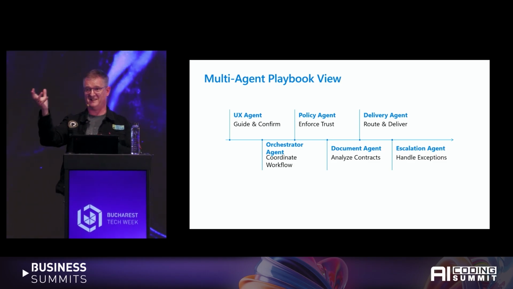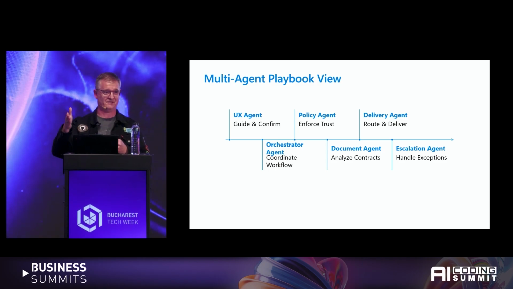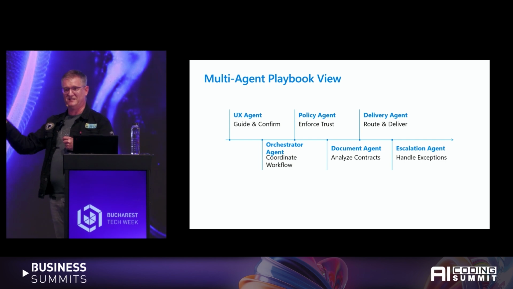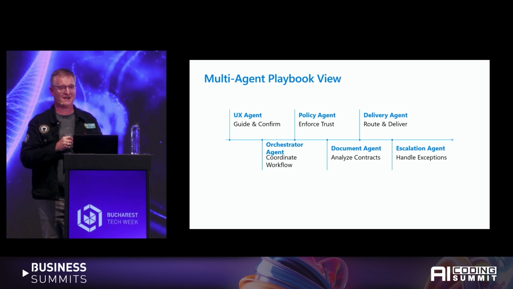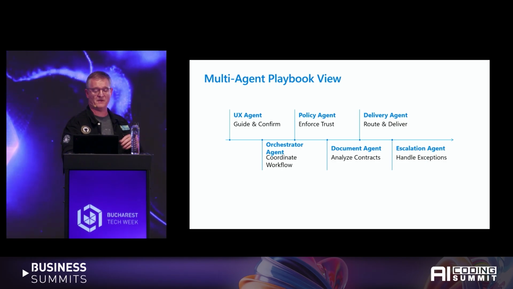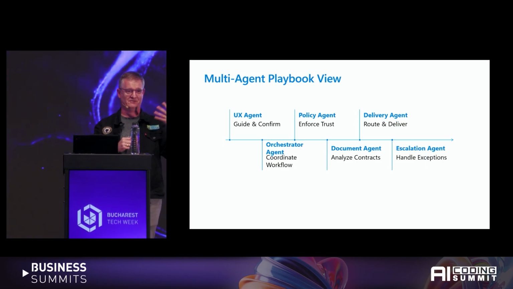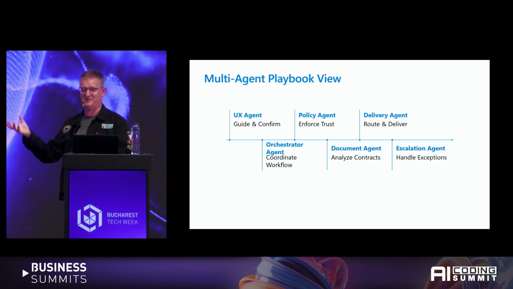That's going to understand the legalities and say, no, you can't do it because of this, and these are the reasons and what we need to do to deliver it. We have a delivery agent, our postman, who's going to route and deliver the actual outcomes of the agent. Then we've got a document agent who's going to analyze the contracts to make sure they're valid, appropriate, correct. And then we have an escalations agent who's going to handle escalation.